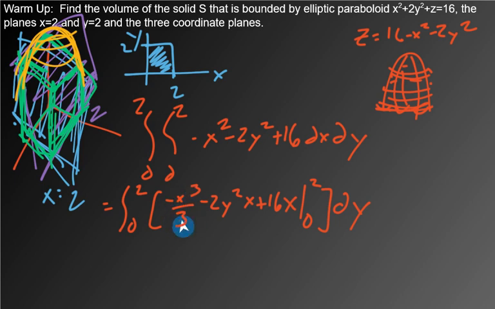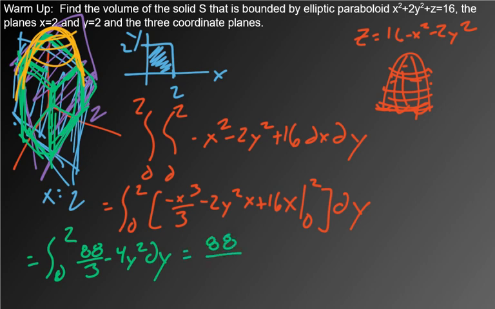And you divide by 3 for that one. Then if you evaluate, you would be able to simplify this down to this. And that's just a nice, quick integral in y. You get this, and if you evaluate that from 0 to 2, you get 48.